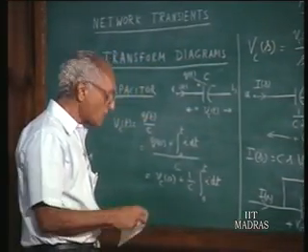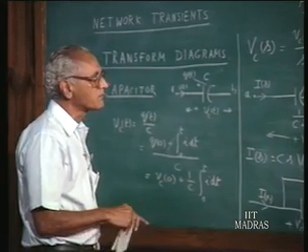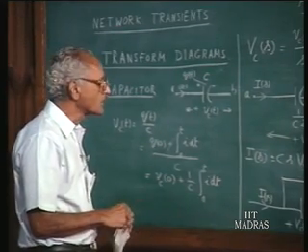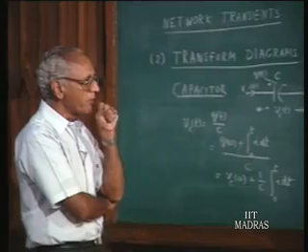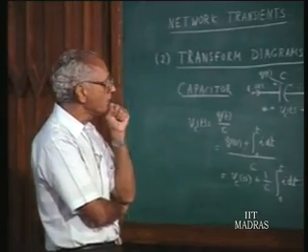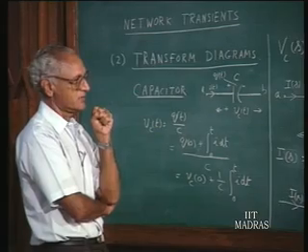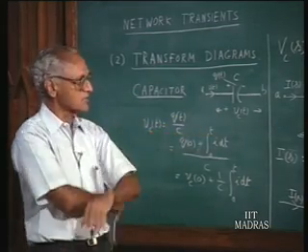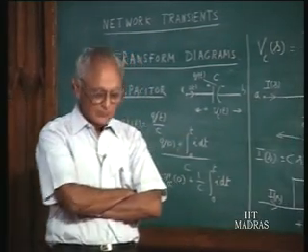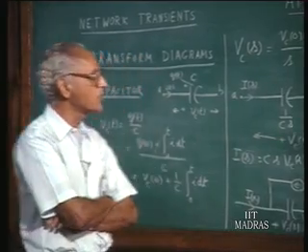A third point which we would like to make note of is, when you take the initial conditions, you are at liberty to choose either 0 plus conditions or 0 minus conditions. That is why in all this analysis I did not commit myself to saying whether it is 0 plus or 0 minus.